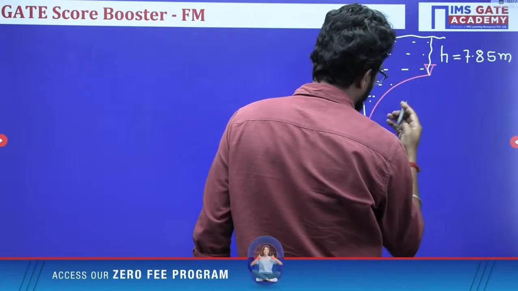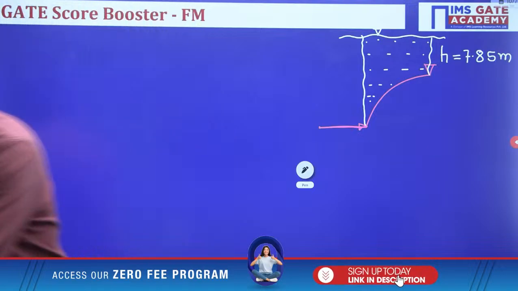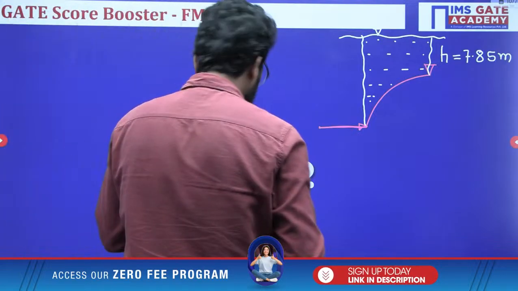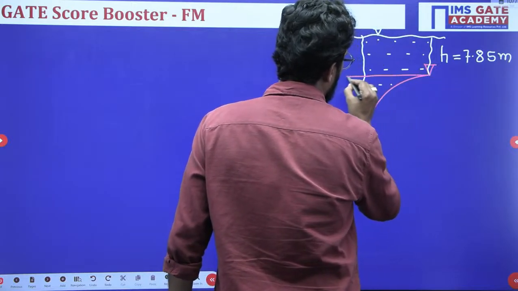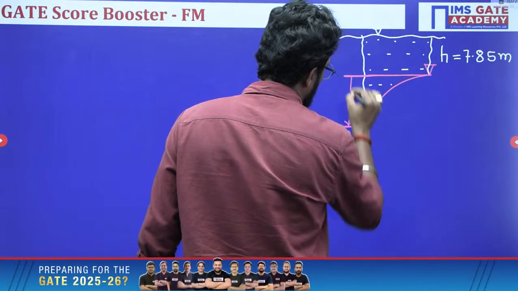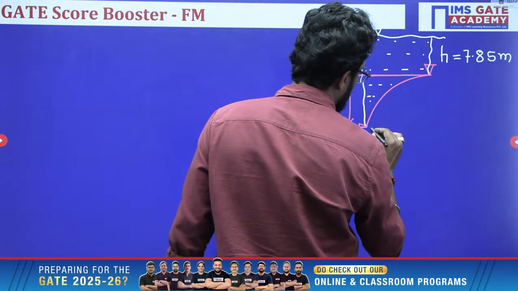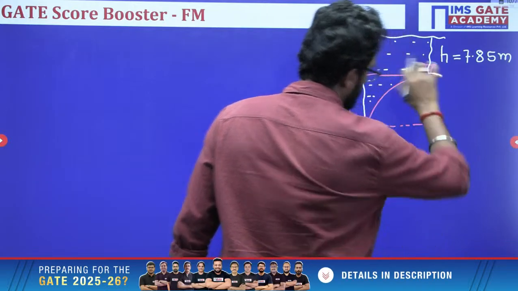Why? Because here is the fluid, yes or no? Here it is, but this is the imaginary fluid column concept. So this is up to this. What is this? This is the radius.